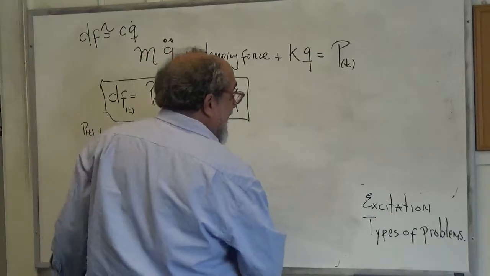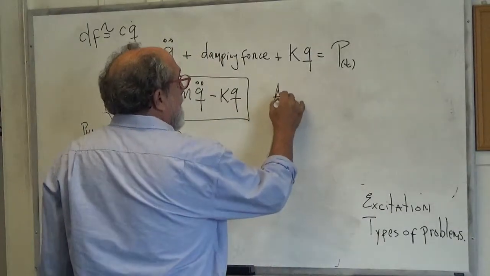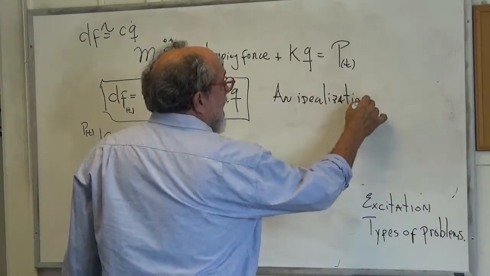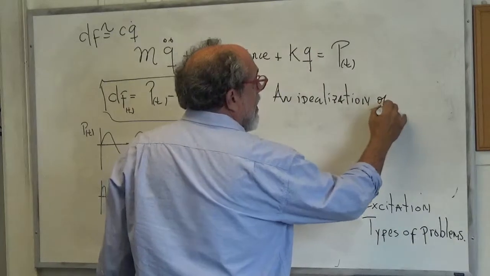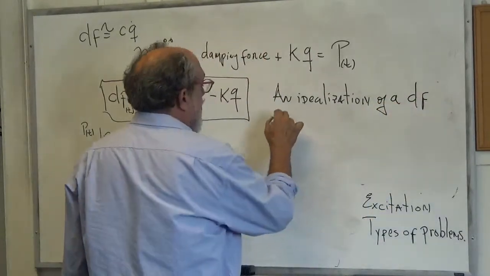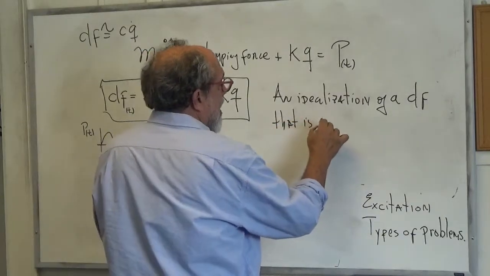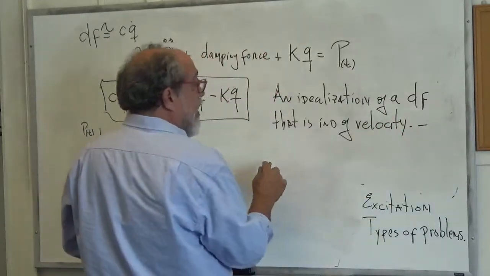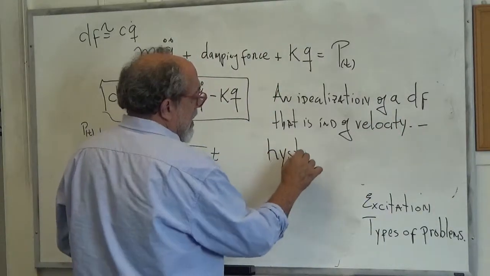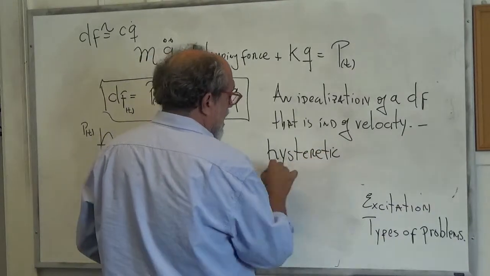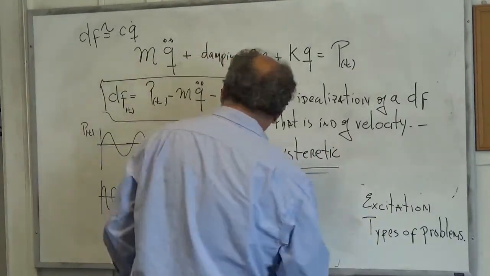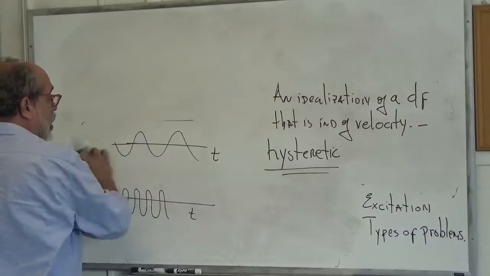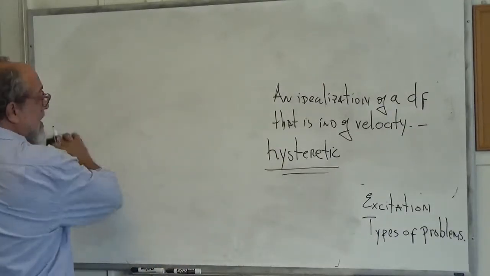And an idealization of a damping force that is independent of velocity is what we call hysteretic. Okay? Now, hysteretic damping, we will come back to it later in the class.